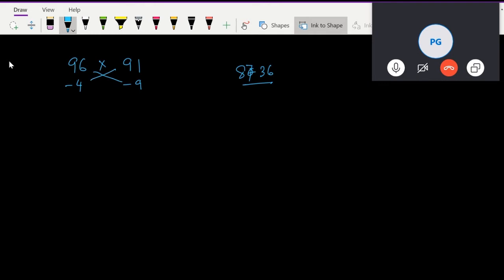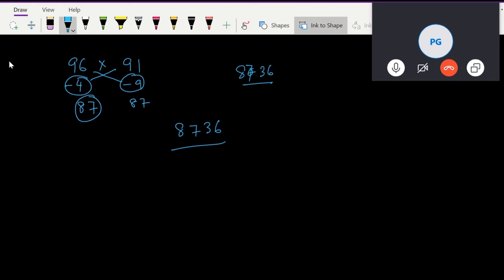So 96 minus 9 is 87. 91 minus 4 is also 87. So you can do one of them. You don't need to do both. So 91 minus 4 is 87. You straight away write 87 and you multiply these two numbers, minus 4 and minus 9, which becomes 36. So 8736. I didn't need to do anything.